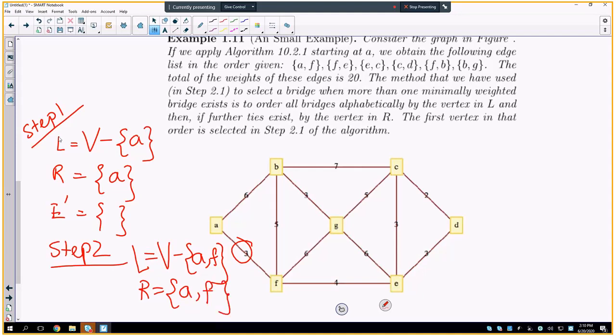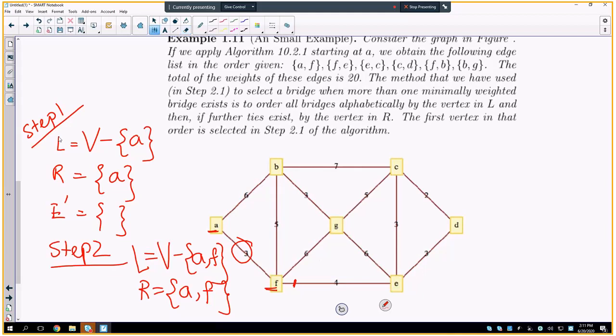So now the set R is the vertex A and the vertex F, and you are looking for all the bridges between these two vertices and the rest of the graph. So how many bridges do I have? Well, I have this one here, this one, this one, and this one, and I'm finding the least weighted bridge. Of course, that's 4, so I can forget about these 3 edges and keep this one.